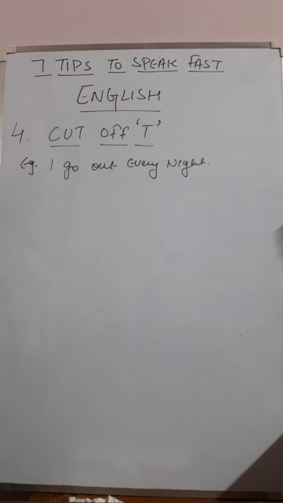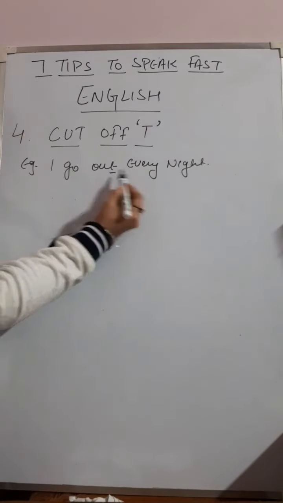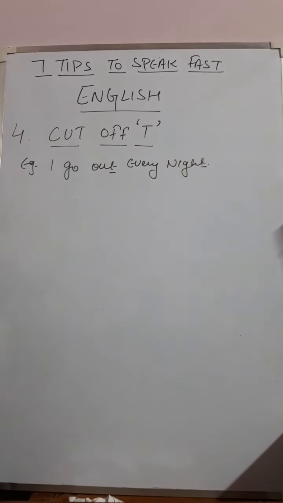Instead of saying it like that, I can say "I go out every night," dropping the T. This also sounds the same by cutting off T from the sentence. You can try speaking it, because it actually sounds faster.